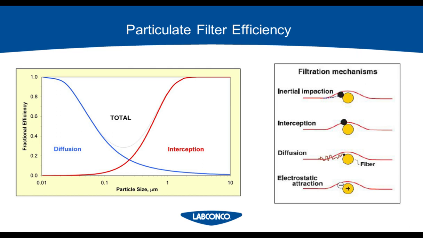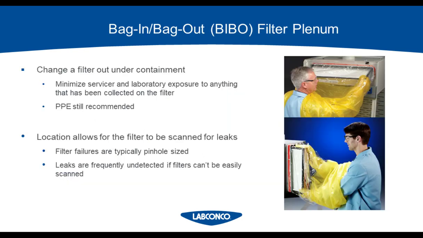Okay, so now you've got a fan, a box, and a filter, but that filter is going to contain all of those nanomaterials and other things in the laboratory that will be collected over the life of the filter. So the last thing you want to do is just pull that filter right out into the laboratory. A really important thing to do is operate under a barrier system between yourself and that filter.